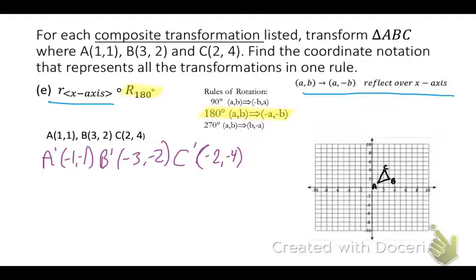So the first transformation on this example is we are rotating 180 degrees. To rotate 180 degrees, we're switching the signs for our x and y coordinates. So the point (1, 1) becomes the point (negative 1, negative 1). The point (3, 2) becomes (negative 3, negative 2). And the point (2, 4) becomes (negative 2, negative 4).